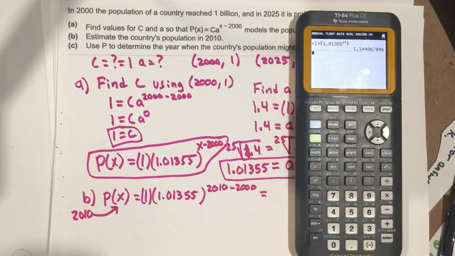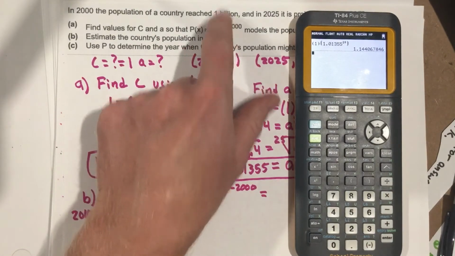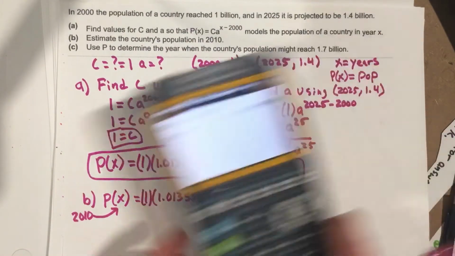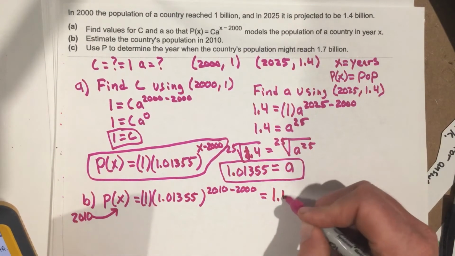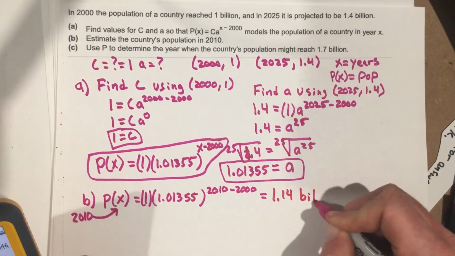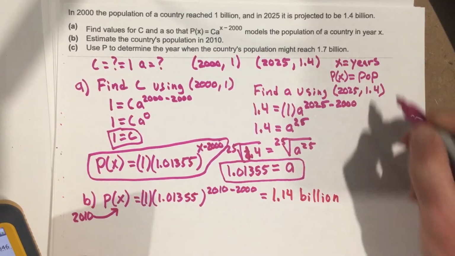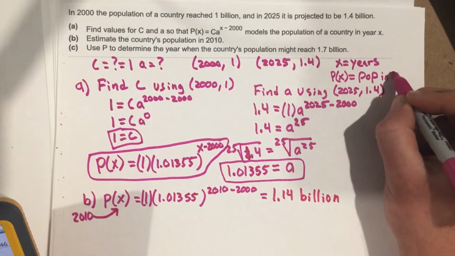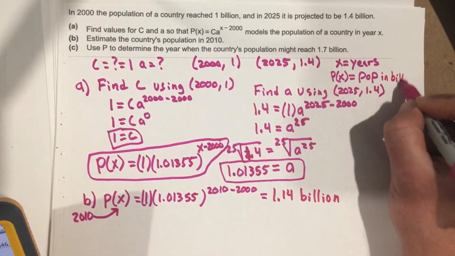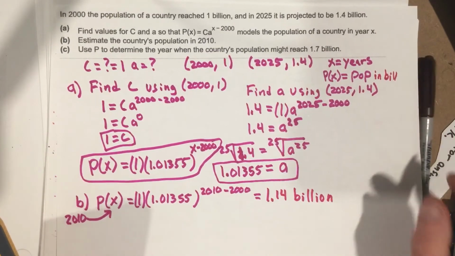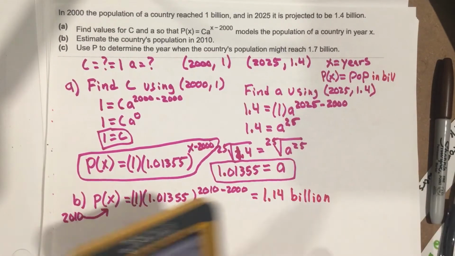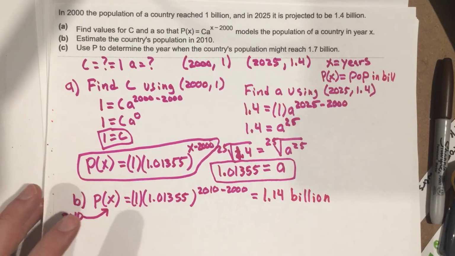That's going to give you a population of 1.14, and don't forget that the population is in billions, so that's 1.14 billion. And I should say in billions out to the right.